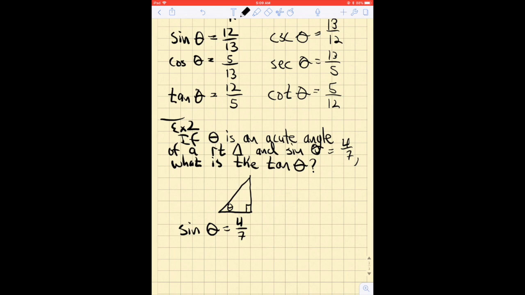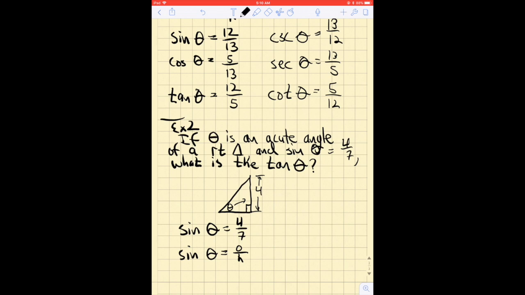Well, we know sine of theta is equal to opposite over hypotenuse. So I'm going to look at theta, and the side opposite. That makes this side what distance? You should know this. Opposite of theta would be 4.